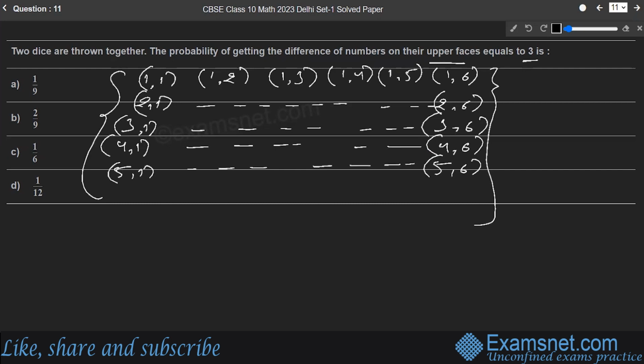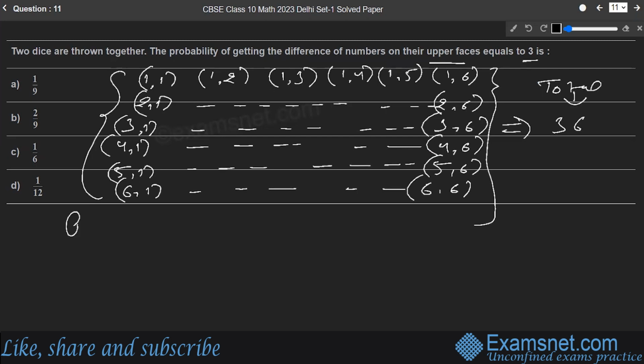They can start with 6 1, and the last is 6 6. These are the values two dice can show. In total there are 36 of them, so the total number of cases becomes 36.